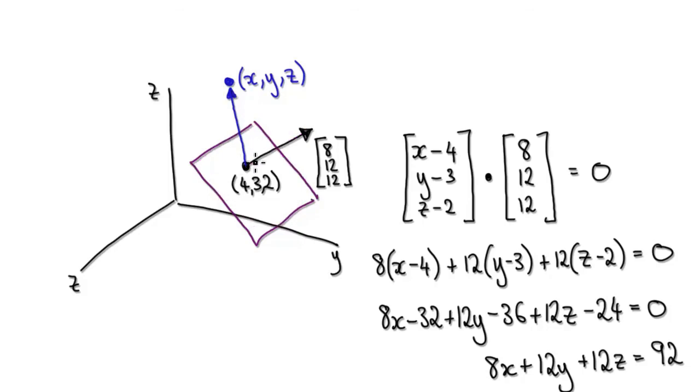So what is the blue vector? Well, the blue vector is given by this. It would be x minus 4, y minus 3, and so on. You demand that the dot product of these two vectors be 0, because when the dot product of two vectors is 0, that's when it's at 90 degrees.